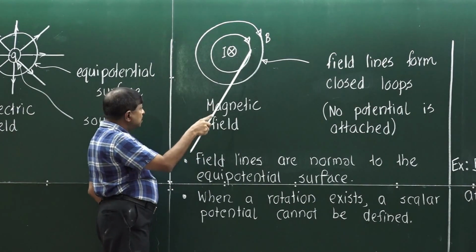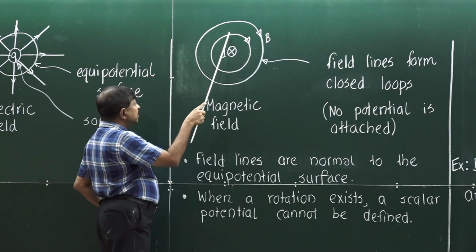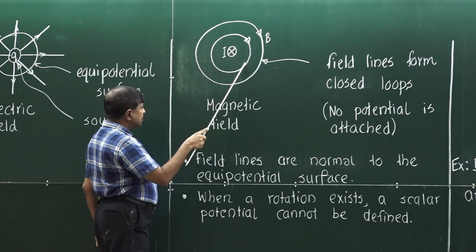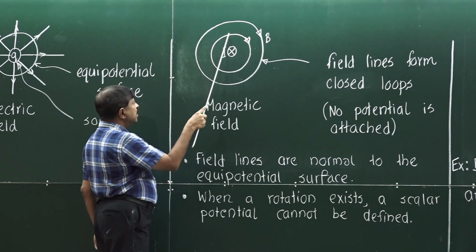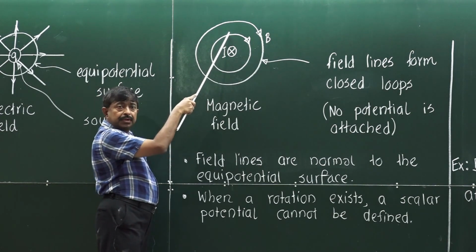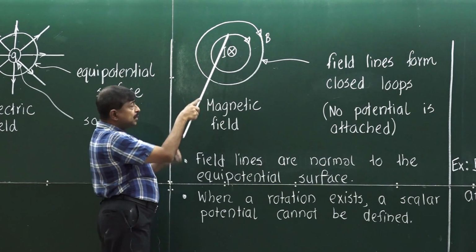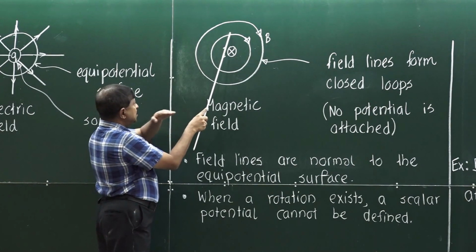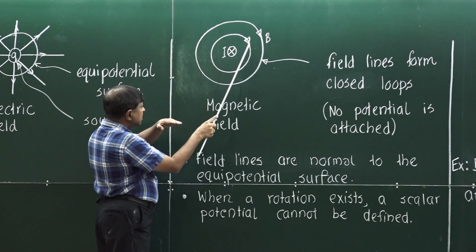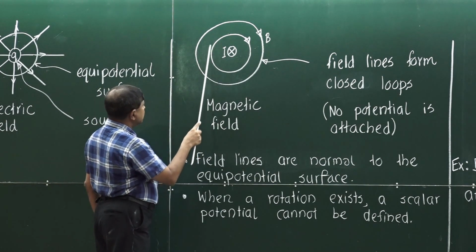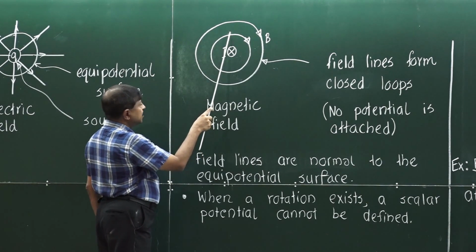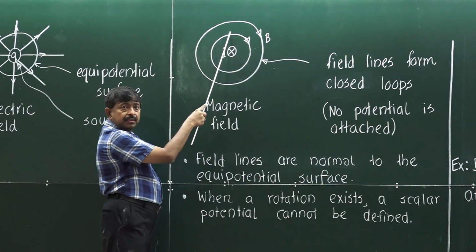When you move along this curve, there is work done by the vector field, by the magnetic field, and finally you arrive at the same point. Initially there was some energy level. After some work done, still you come to the same point.